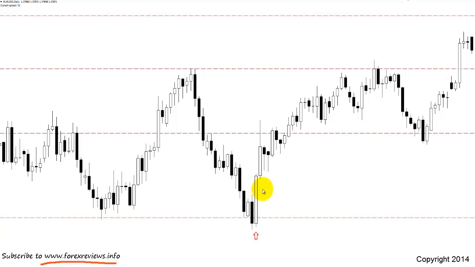For a bullish engulfing candle, such as this one right here on the Euro US, it's yelling at you, saying there are more buyers in the market. Not only that, it's breaking the high of the previous candles, as you can see.